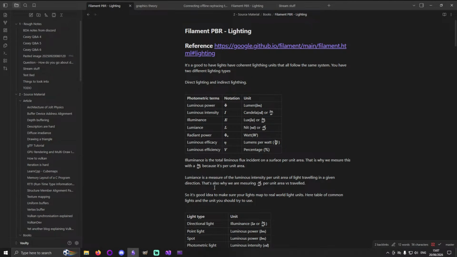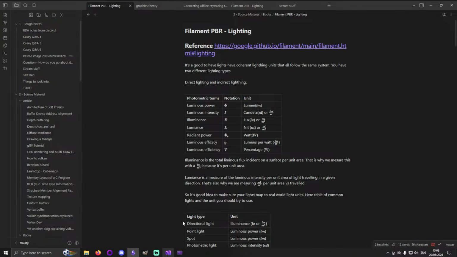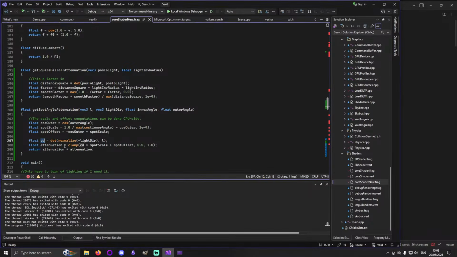If we look at the luminous intensity, which I think is what's turning up here, we have candela units here, which is L, which is the light, normalized, dot the direction, which just gives us the candela unit. And then we clamp that at, tune, spot scale.